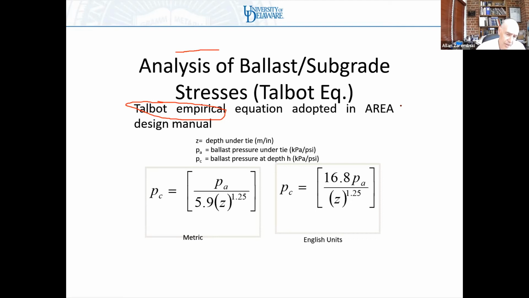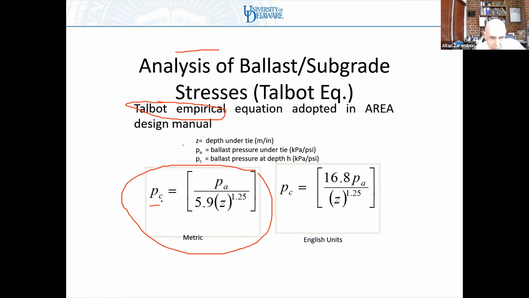And there's a nice 1,200-page book full of nothing but test data called the Talbot reports. It goes through tons and tons of test data, and it ended up developing an empirical equation for the stress at any given depth Z.